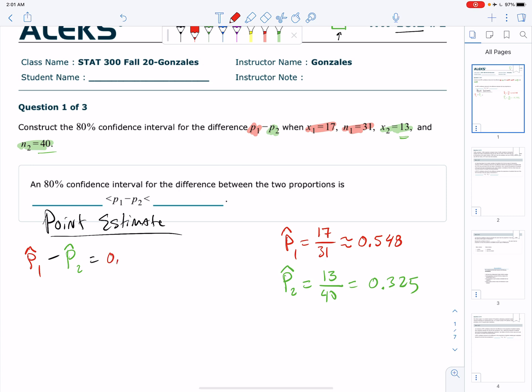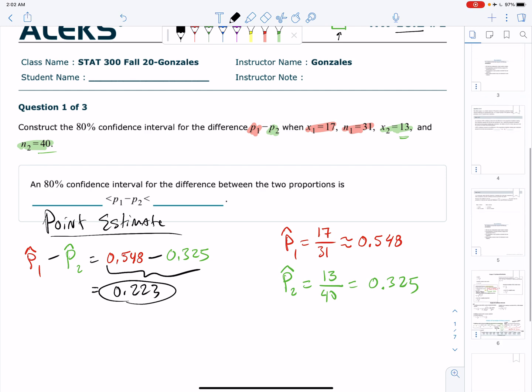That was 0.548. What was the sample proportion from that second sample? That was 0.325. And then when we subtract the 2, we get 0.223. I'm going to put a circle around that. That's my point estimate.